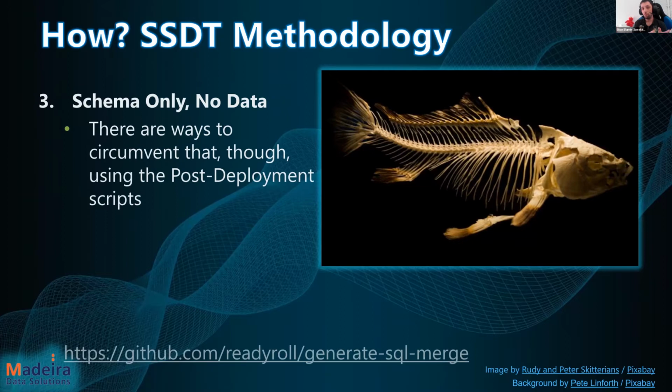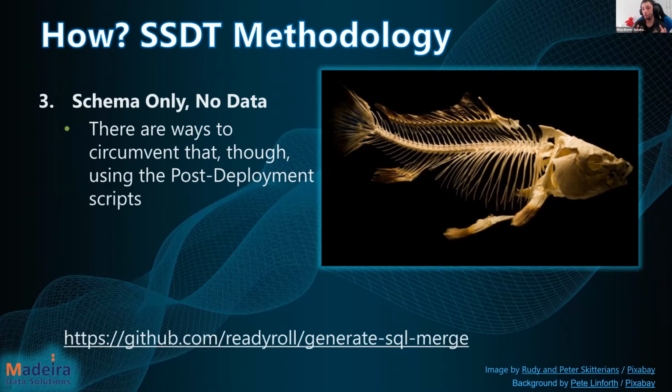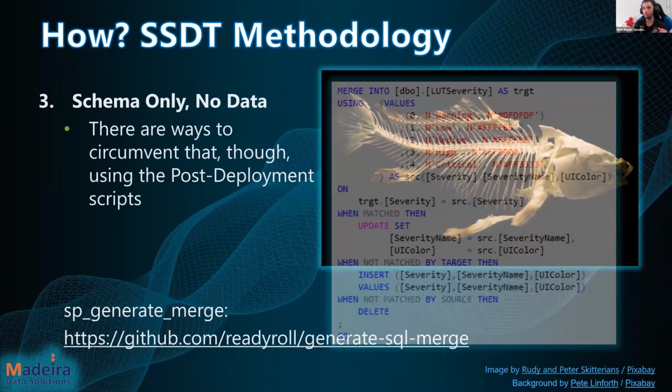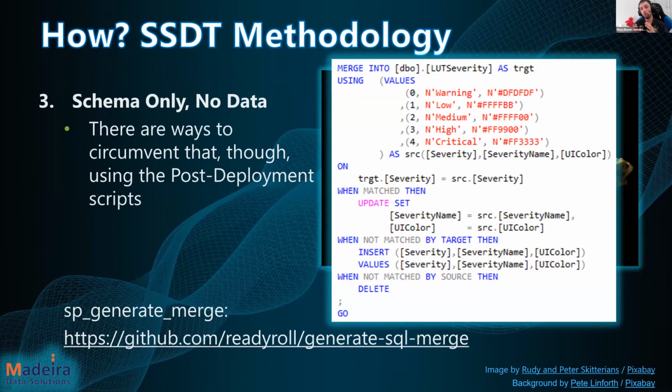In the database project, you can save only schema objects, not data. Although there are ways to circumvent that using something that is called a post-deployment script. The build is not dependent on these scripts. They are sort of free-form scripts that you can write anything you want in them.